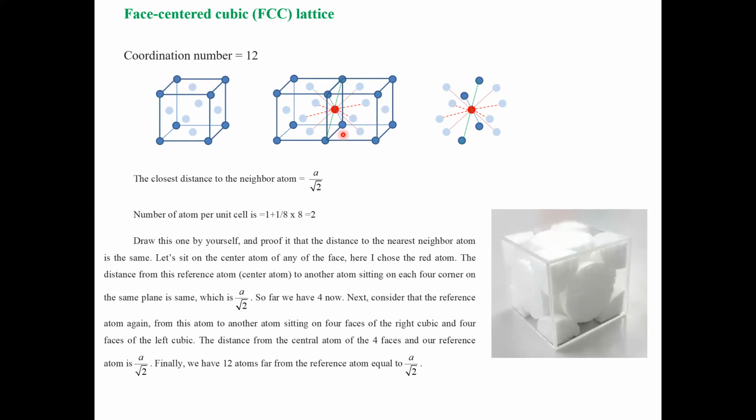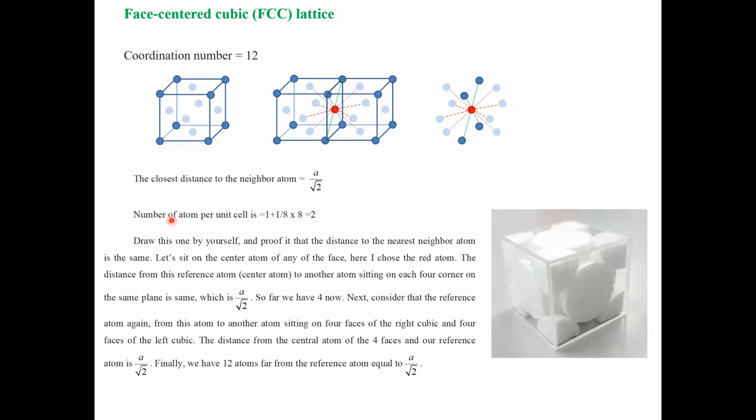So count another 2. So 4 plus 4 plus 4. 4 multiplied by 3 is 12. Okay. If you didn't follow, maybe listen again, okay, by yourself.